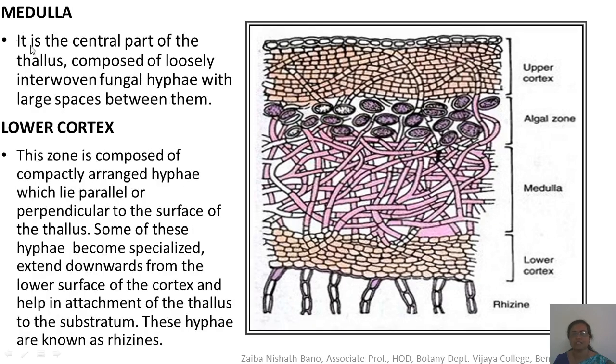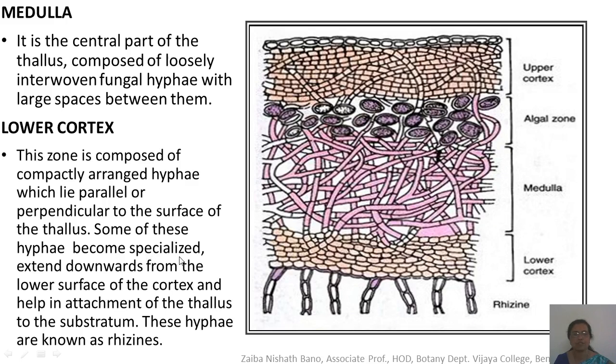Now coming to the next zone, that is the medulla, it is the central part of the thallus composed of loosely woven fungal hyphae with large spaces in between them. Yes, you can see the spaces here. The fungal hyphae are loosely arranged. Coming to the last layer, which is termed as the lower cortex, this zone is composed of compactly arranged hyphae which lie parallel or perpendicular to the surface of the thallus.